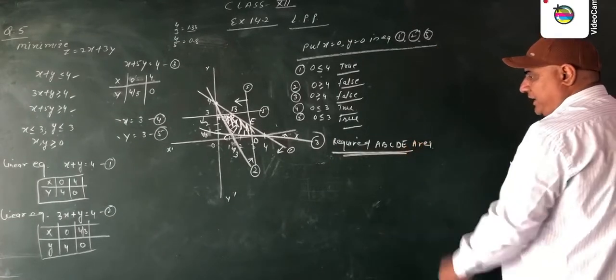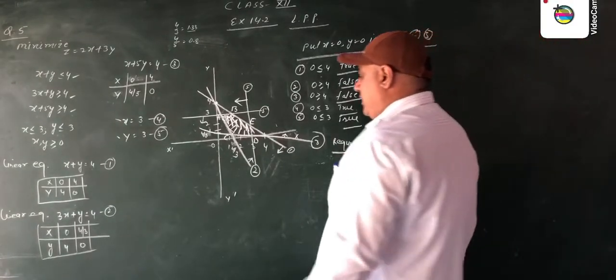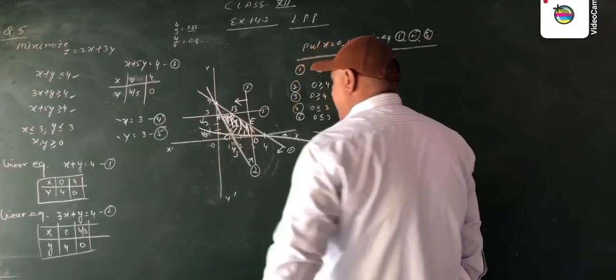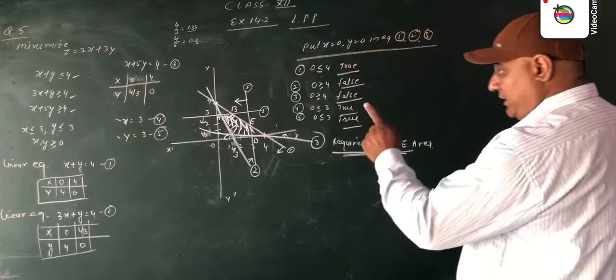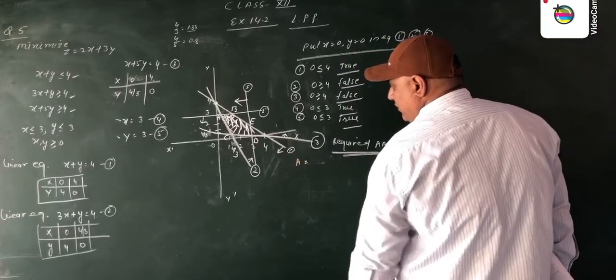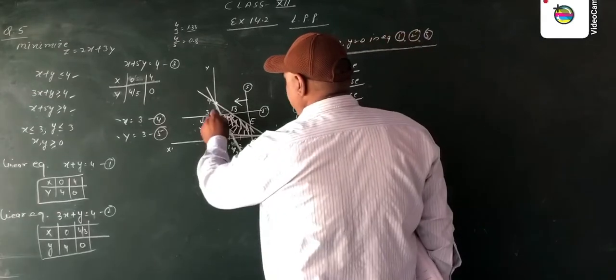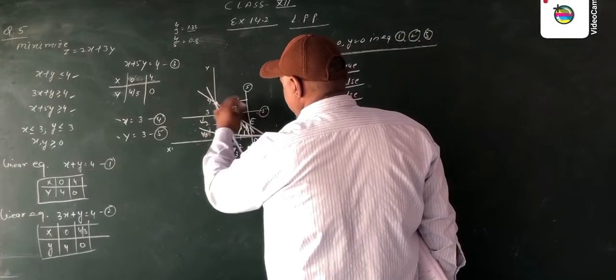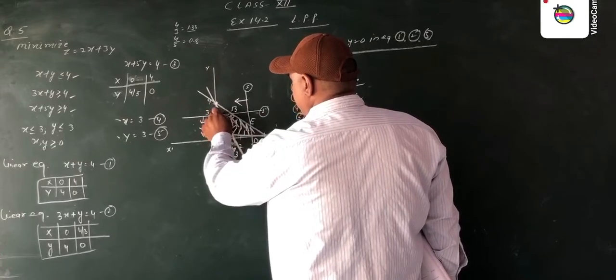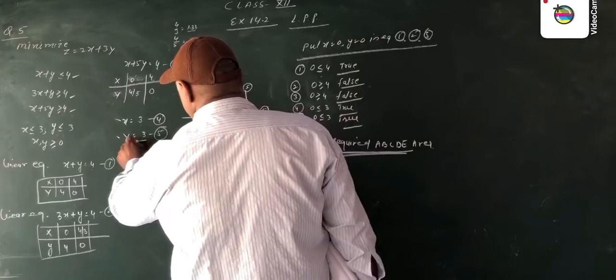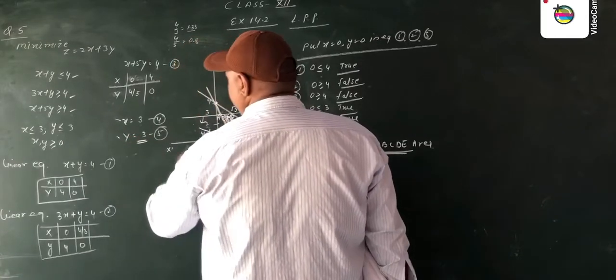Now we find the point A. This is point A, B, C, D and E, and then we discuss the minimized area. First we find the value of A. This is the intersection of equation 5 and equation number second.